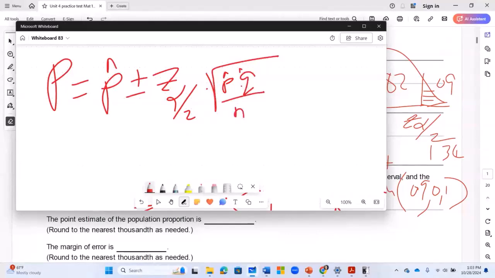So that is the formula, but I'm not going to do it by hand.